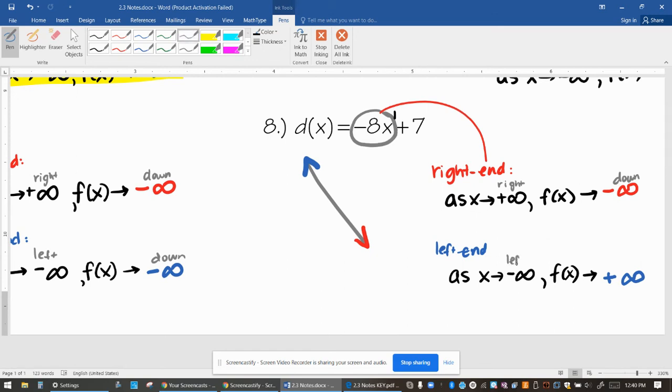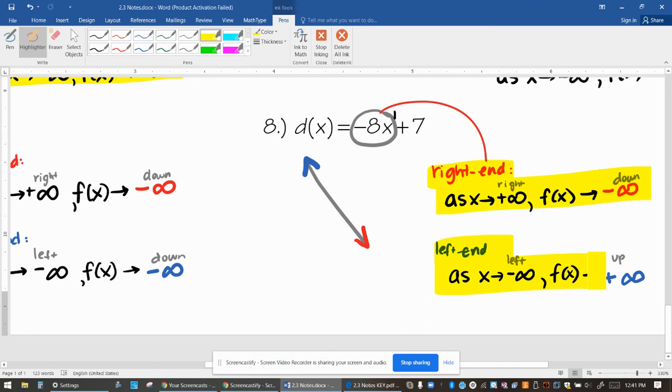So as I move to the left side of my graph, as I go more and more to the left, my y values are increasing. They're going up. So both of these are the answer, guys, both of them. When they ask you to describe the end behavior, you have to talk about both the left and the right end.